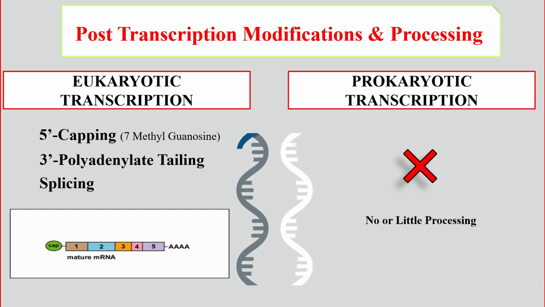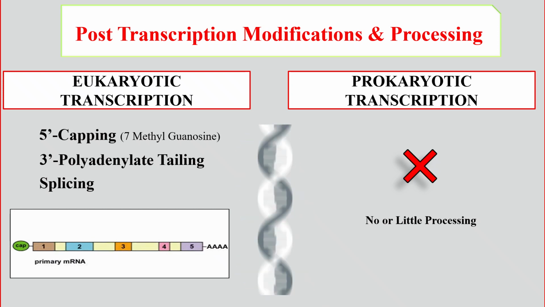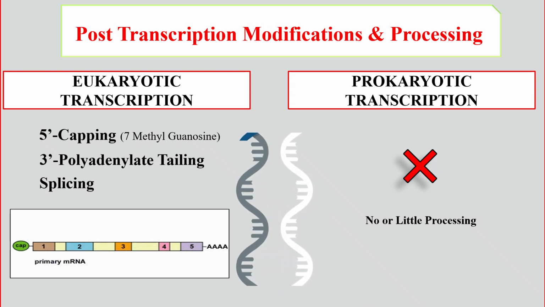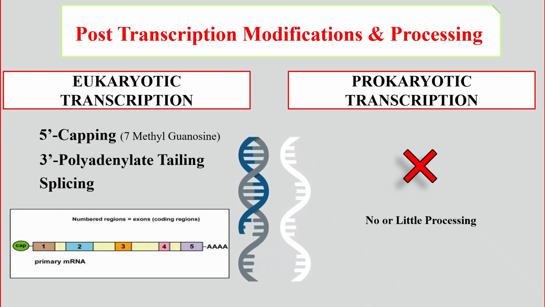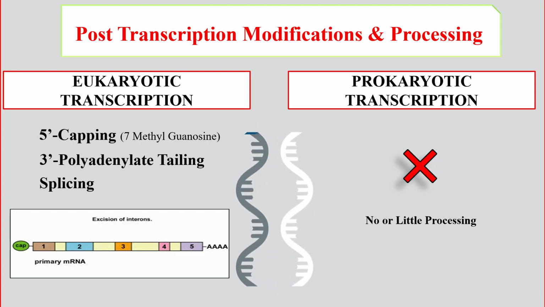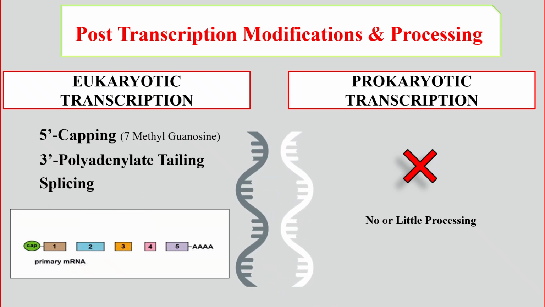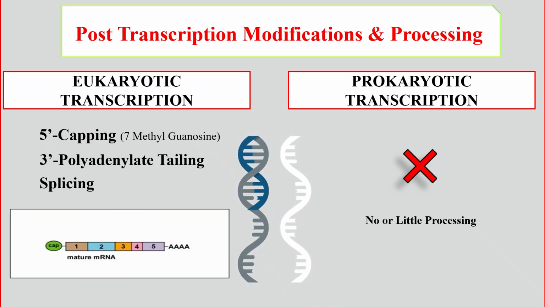In case of eukaryotes, the RNA is synthesized in the nucleus. It will be premature RNA, or primary RNA. Then it has to go through processing and modifications. After that, it will be released into the cytoplasm. Before going into the cytoplasm, the maturation steps include three things.